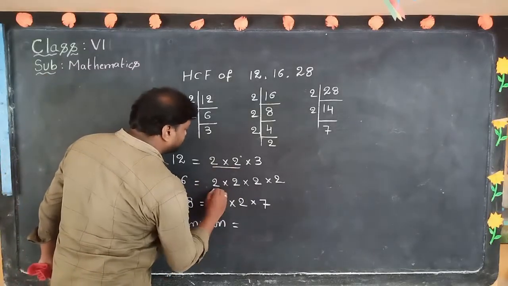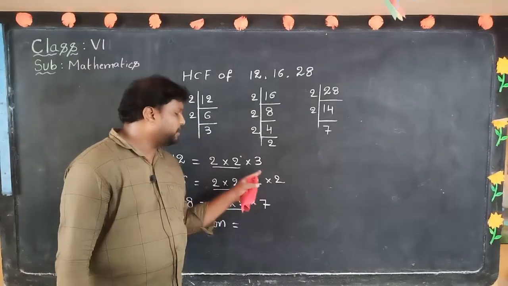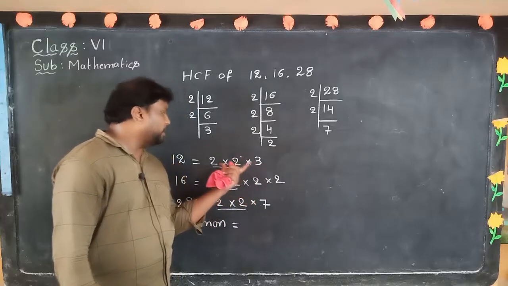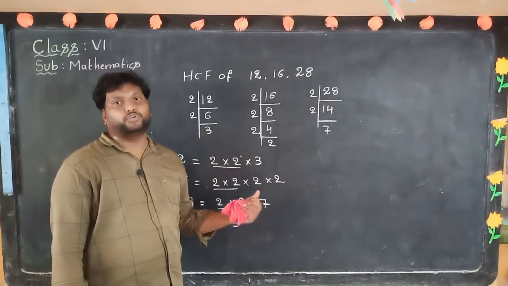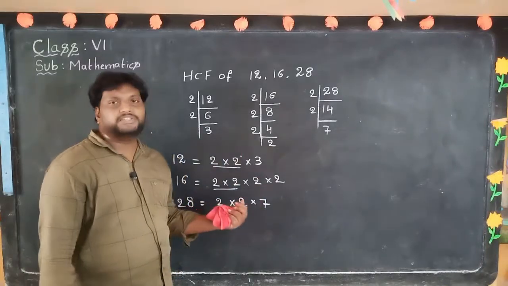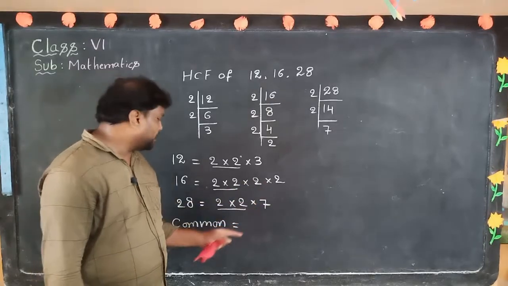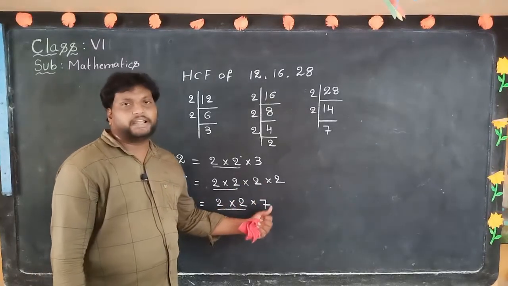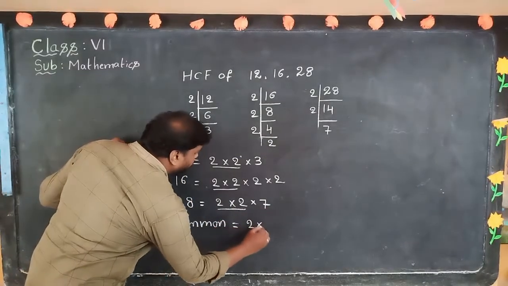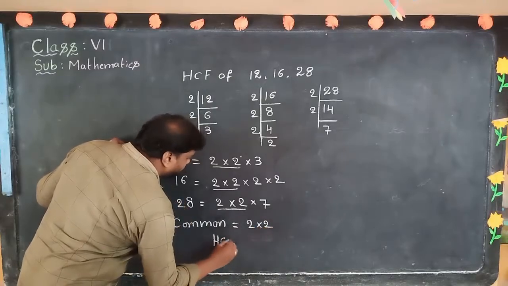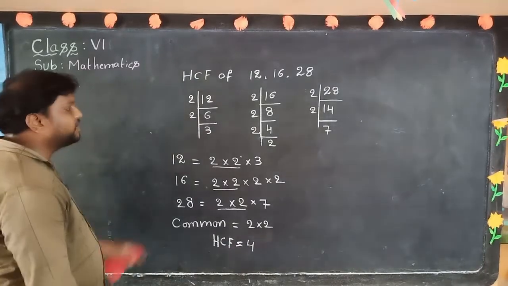In 12 there are only 2 twos. In 16 there are 4 twos, but there is no more common, that's why don't take that. Then in 28, 2 times is there, and 7 is also not common. Then common is 2 into 2. HCF is equal to, what is the value? 4. HCF is equal to 4.